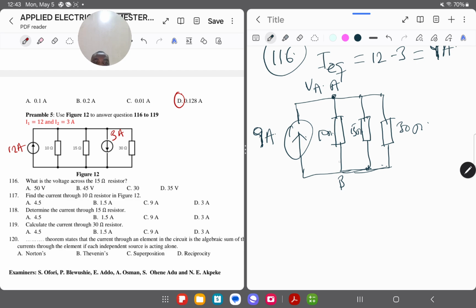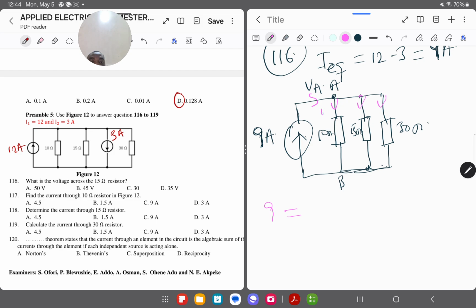So if we were to do the algebraic sum of the currents again, let's say the current passing through the 10 ohms, we make all of them go out, leaving the node. Only 9 amps is entering the node here, and the other currents are leaving.